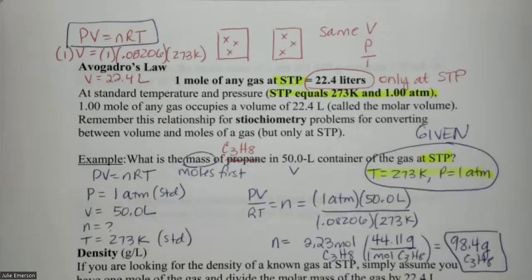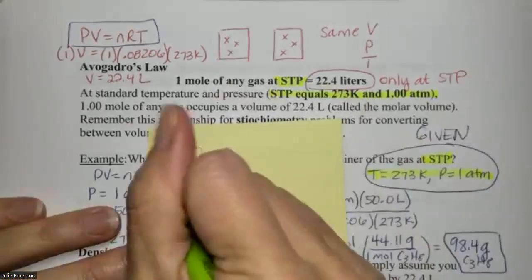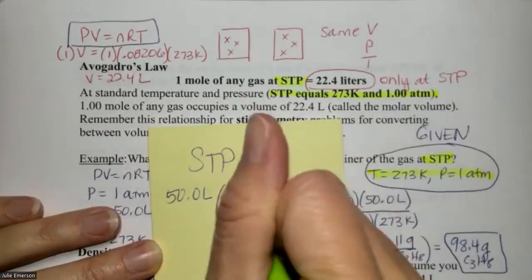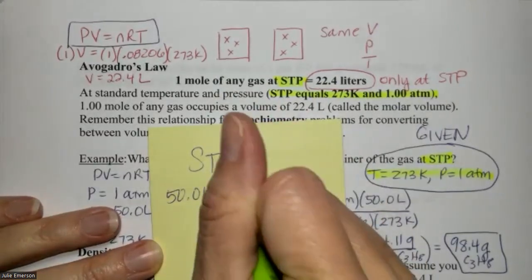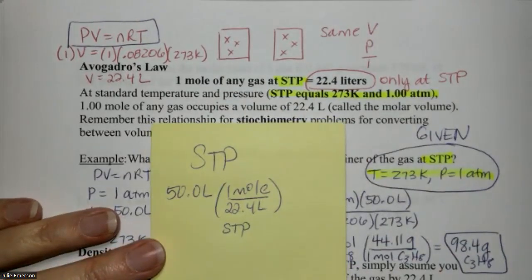If I wanted to think about using a shortcut here, again, I don't see it as a shortcut, but if I did, what I could do is say, okay, I got 50 liters. 1 mole of any gas at STP, again, it only works if we're at STP, is 22.4 liters. That's Avogadro's number.